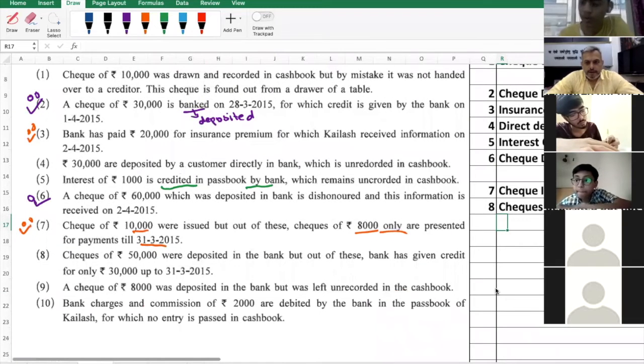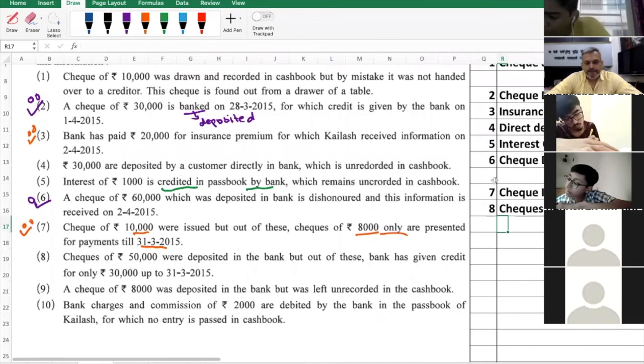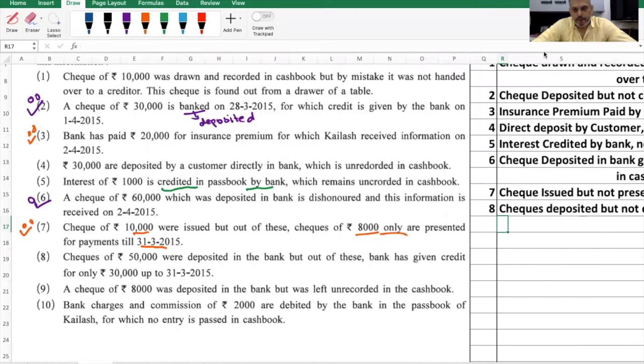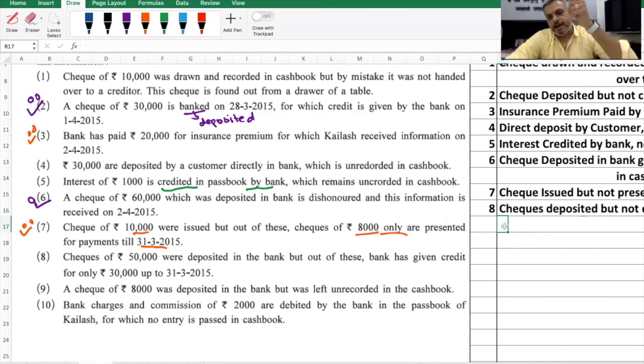Ninth one, a check of rupees 8,000 was deposited in the bank but was left unrecorded in the cash book.